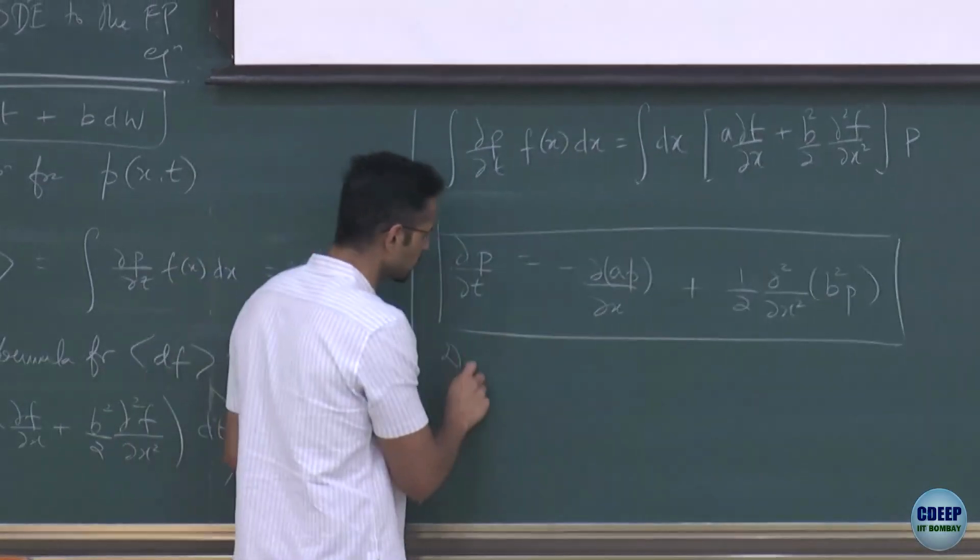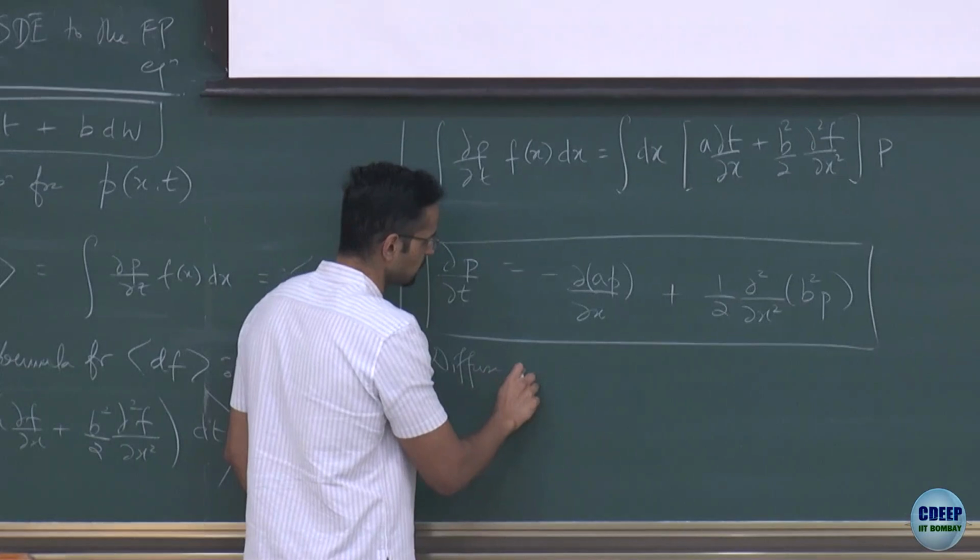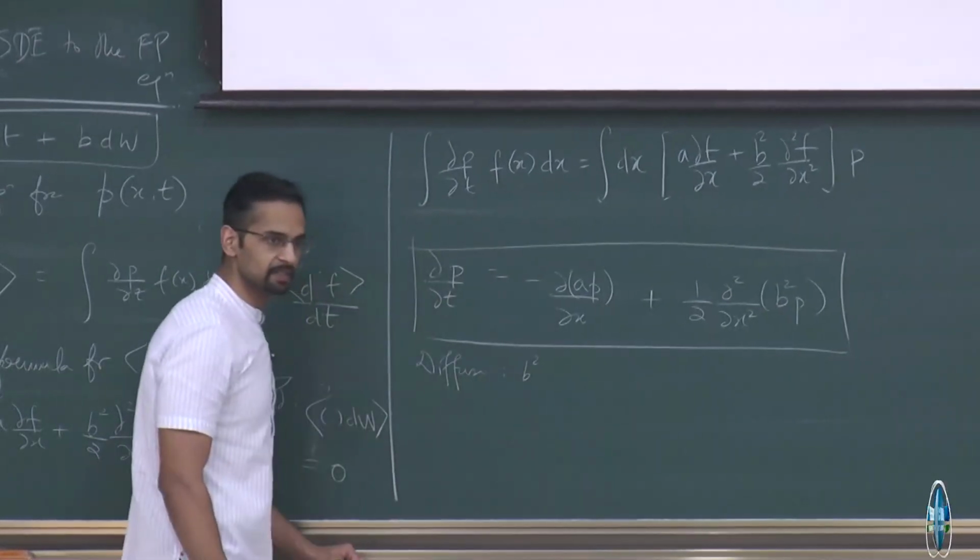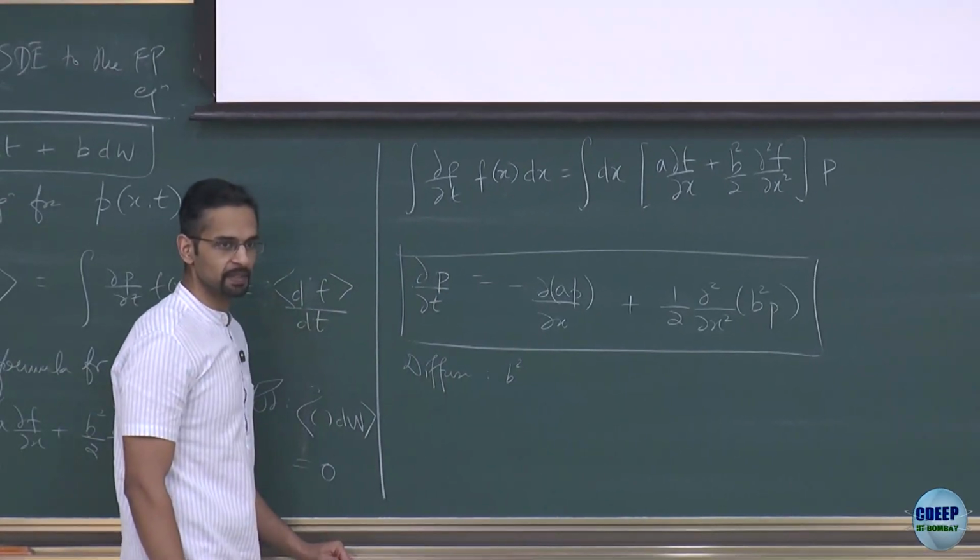And then you can see the diffusion now is b square. That's the important connection.